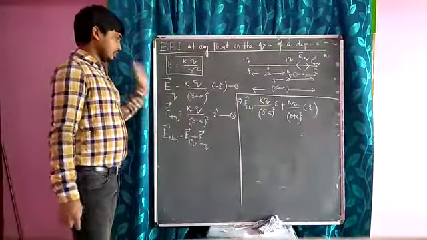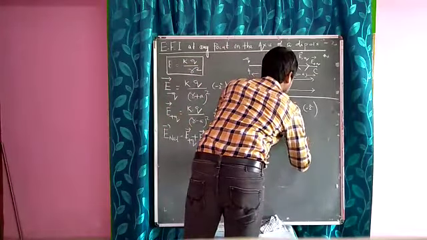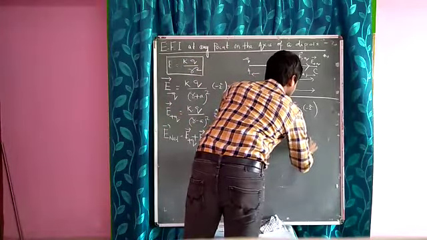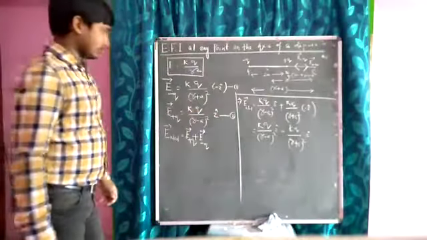So this in the next step can be written like KQ by R minus A whole square I cap minus KQ by R plus A whole square I cap. Is it clear? And you can see that here KQ, I cap are present. So I can take them as common.